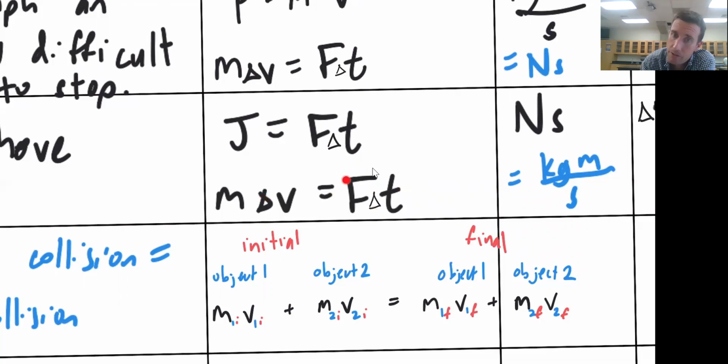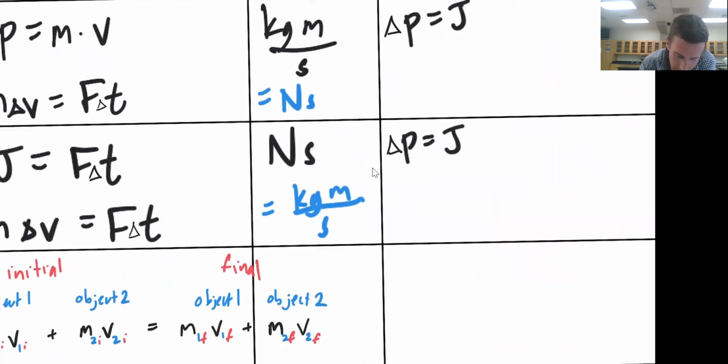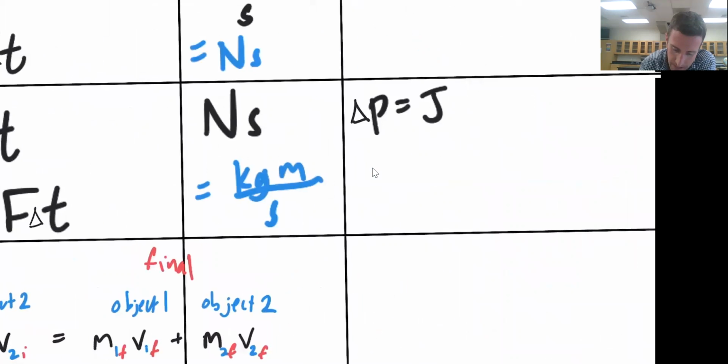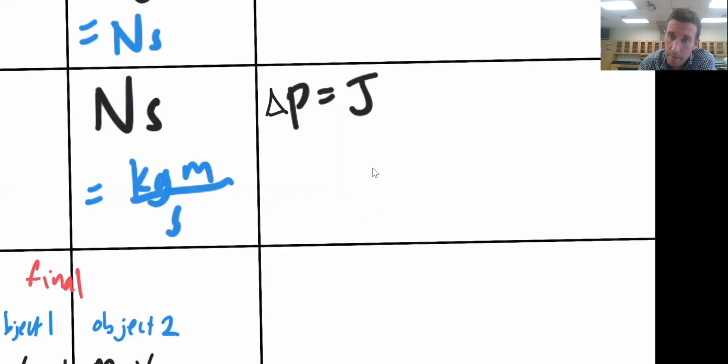This is the impulse. So the oomph is equal to the shove. The momentum is equal to the impulse. Change of momentum equals impulse, or impulse equals change of momentum. The unit, since impulse is force times time, would be newtons times seconds. But since impulse equals momentum, newtons times seconds is also equivalent to kilograms meters per second.